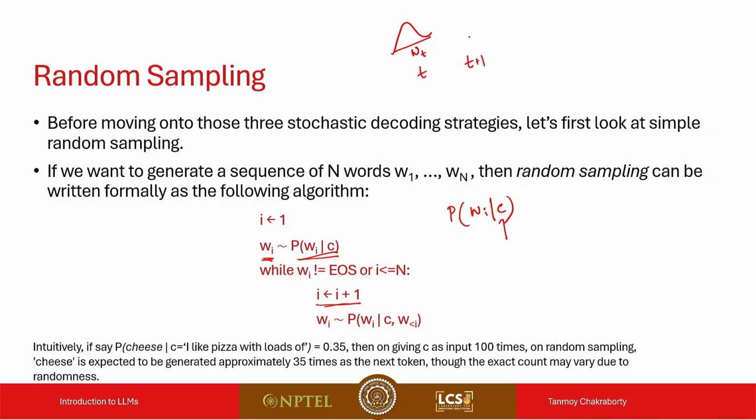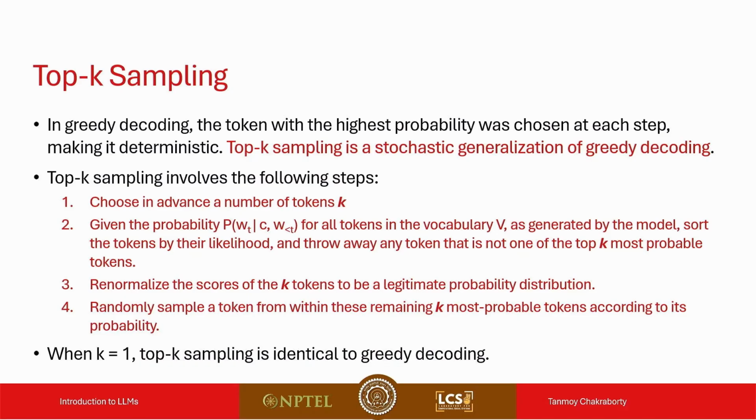At t plus 1 your input is c and till time t. You have a distribution and you choose one randomly, and you keep on going till you generate the end of sentence, or the n number of tokens that you want to generate are all exhausted. Okay, it is purely random, and this is not a good strategy at all.